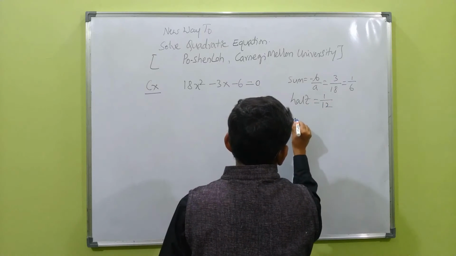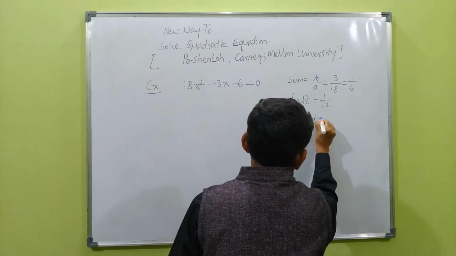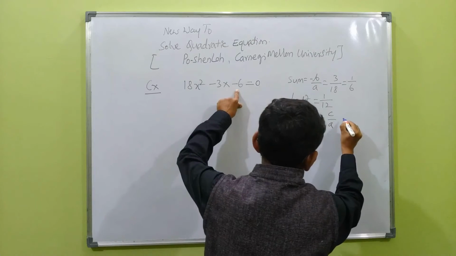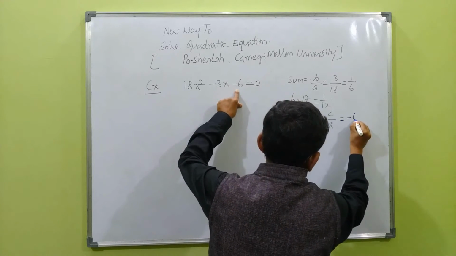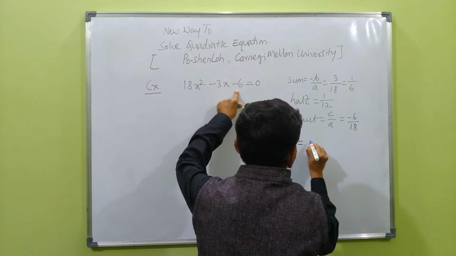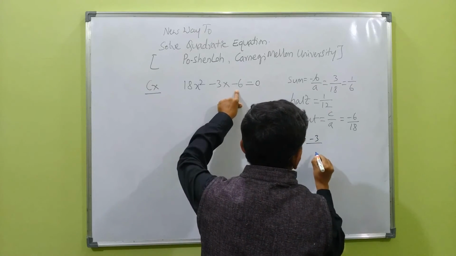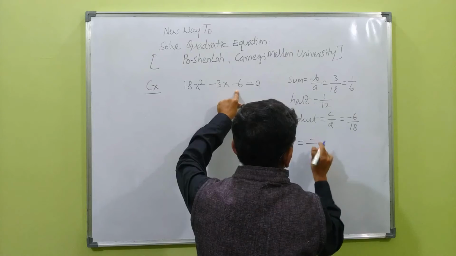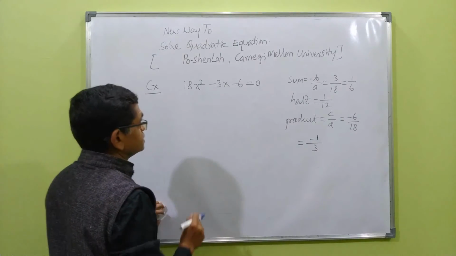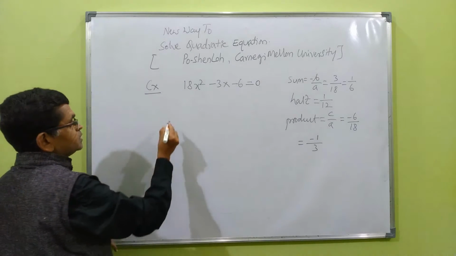Product is c by a. C is minus 6, so minus 6 by 18, that is minus 1 by 3. Okay, now write the equation.